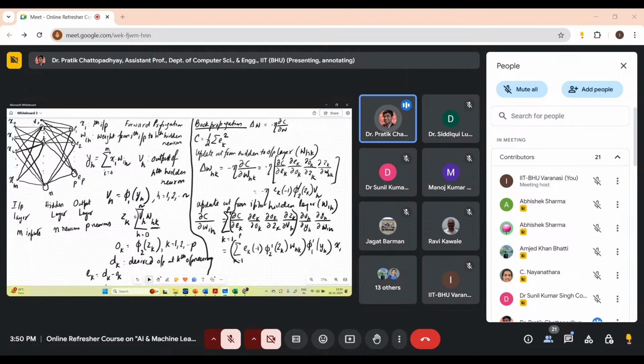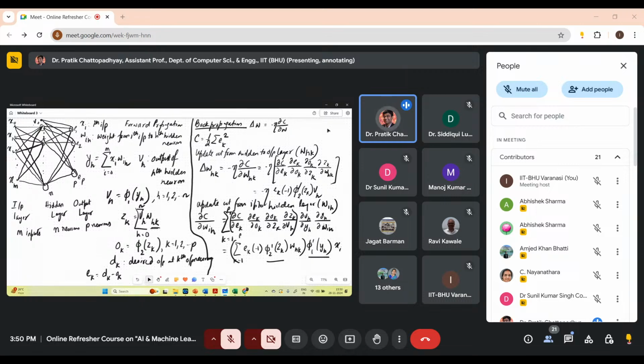An important point to note here is that the derivative of the activation functions gets multiplied.